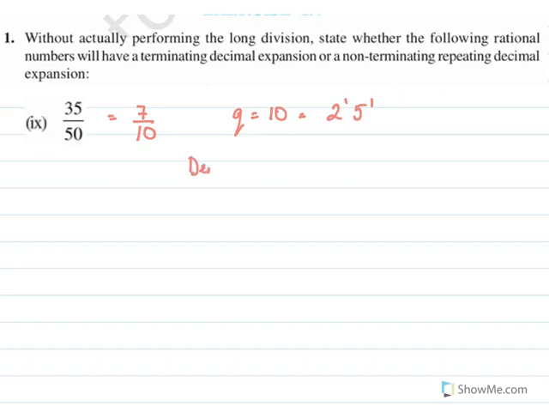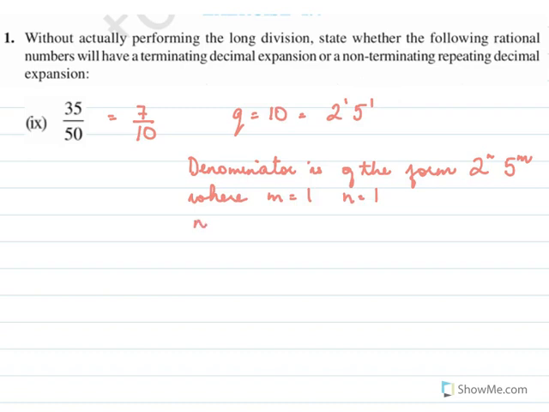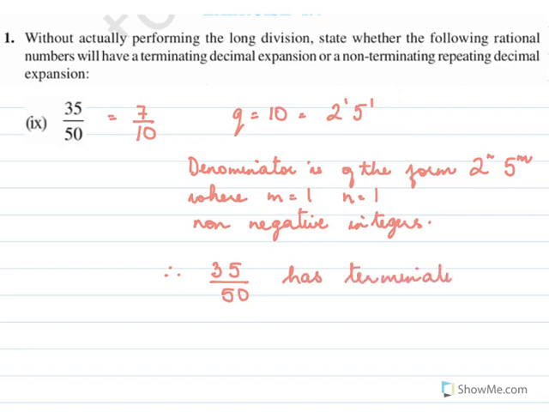So the denominator is of the form 2 raised to n, 5 raised to m, where m equals 1 and n equals 1, non-negative integers. So we can say 35 over 50 has terminating expansion.